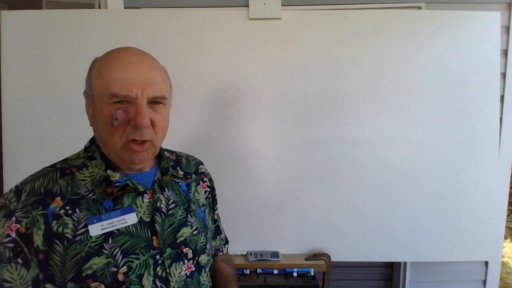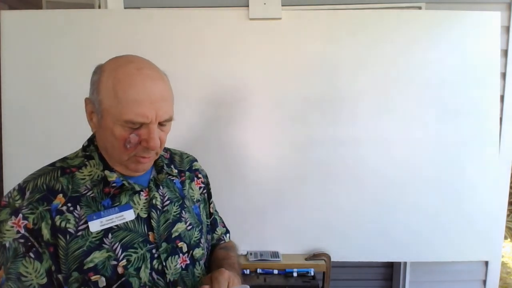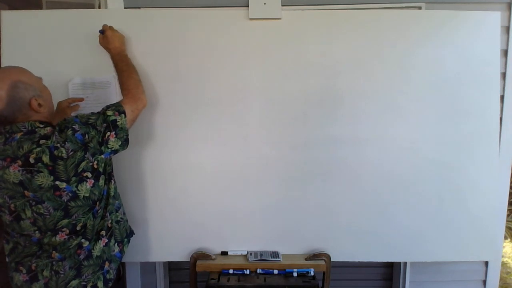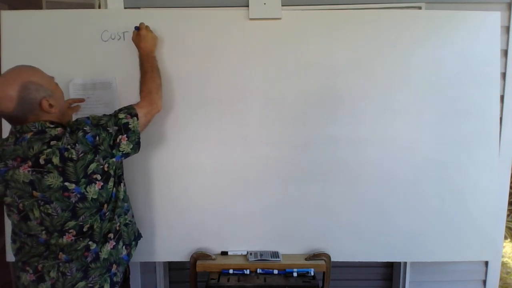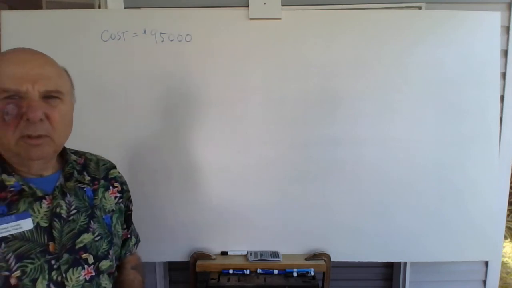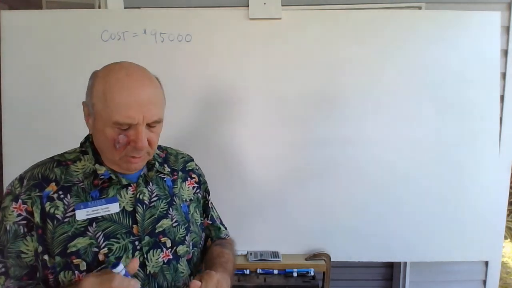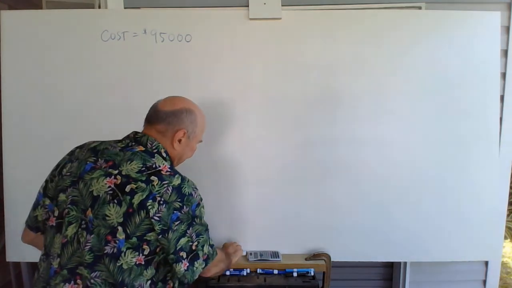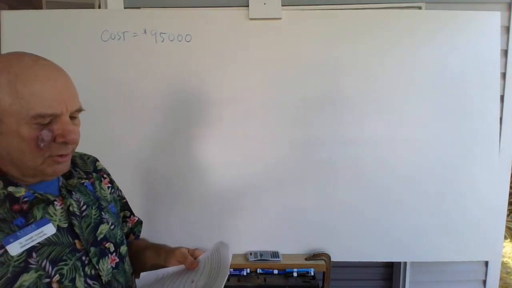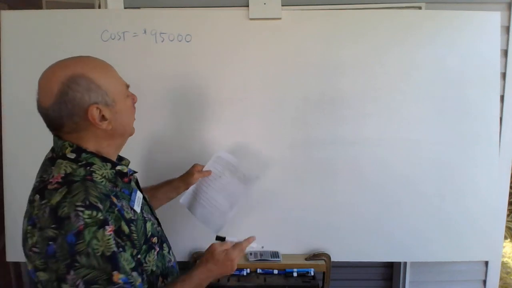Kathy wants to buy a condo for $95,000. That's the advertised cost of the condo, $95,000. The land taxes on the house are $1,500 per year.